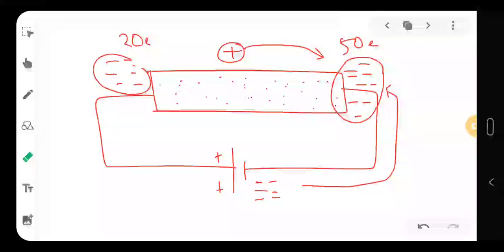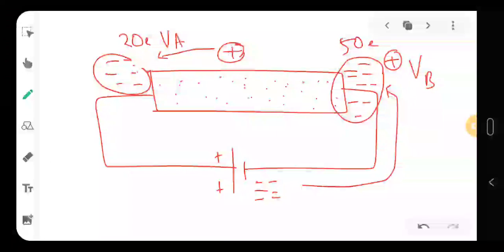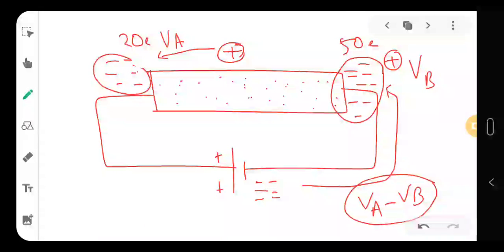So the energy required for this positive charge to stay here is much lesser than the energy required for it to stay there. Again, there is a difference of energy, that is Va minus Vb, and that's why this positive charge wants to go this side. It releases some energy as heat energy, and goes like that.